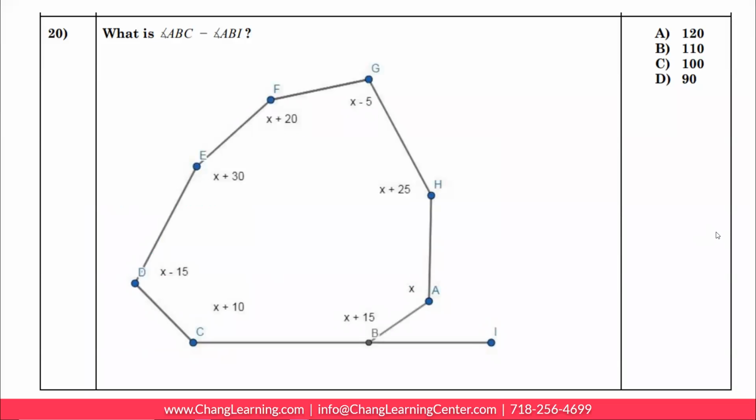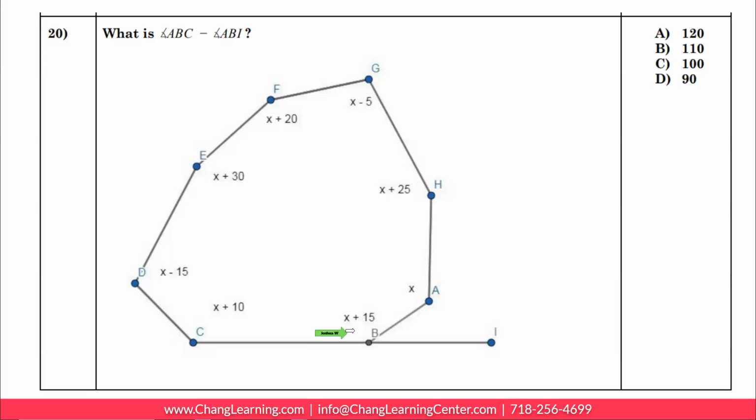Let's finish up with one more problem from angle relationships. And here I wrote this problem for the SAT class at Chang Learning. It says, what is the measure of angle ABC minus ABI? Well, angle ABC has to be found based on the vertices of the picture that I created. So ABC is this inside angle inside this irregular octagon.